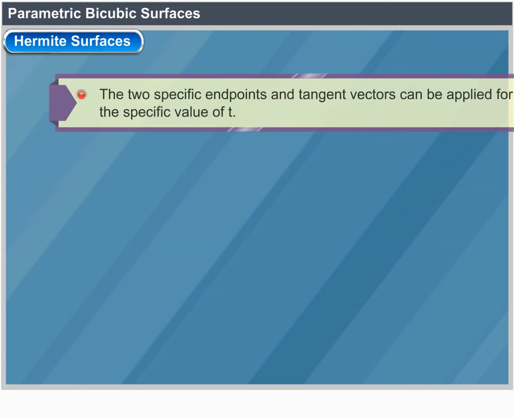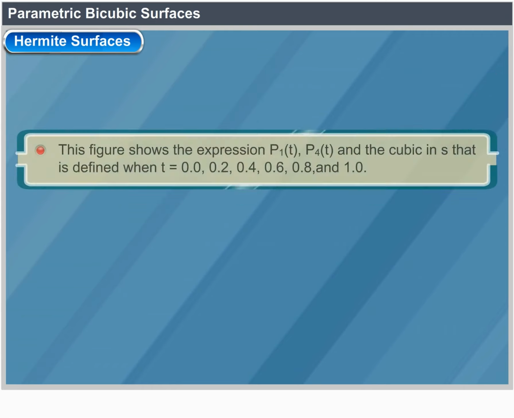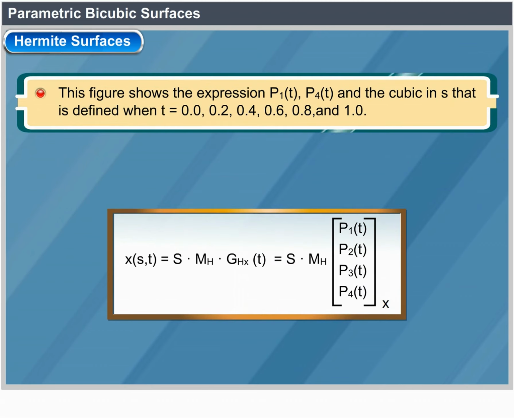For any specific value of T, there are 2 specific endpoints and tangent vectors. This figure shows P1(T) and P4(T) and the cubic in S that is defined when T equals 0.0, 0.2, 0.4, 0.6, 0.8 and 1.0.